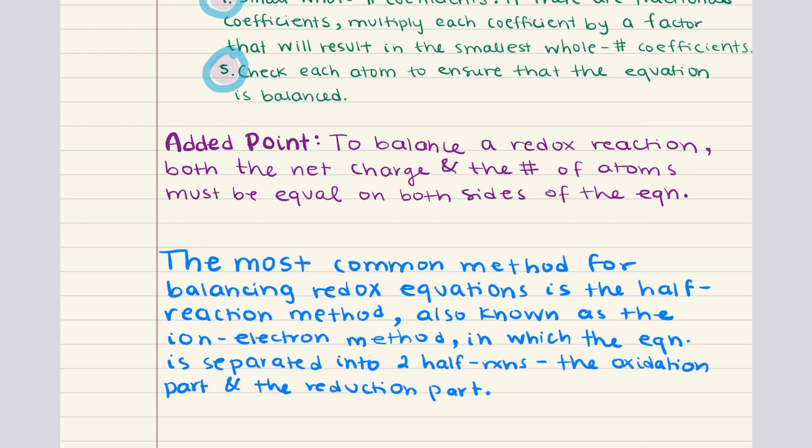To accomplish this, we use a systematic approach known as the half reaction method. This method divides the reaction into 2 parts, the oxidation process and the reduction process, so that each can be balanced individually before then combining them together into the final balanced equation.